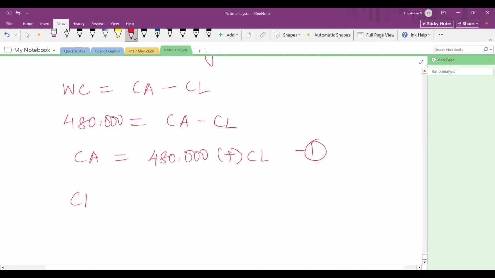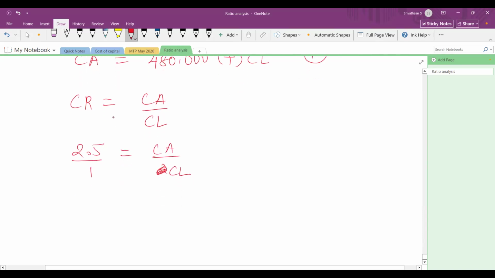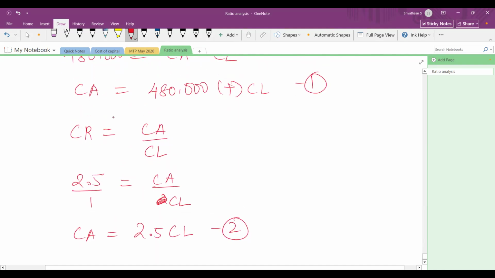And it is also mentioned that current ratio is equal to current asset by current liability. What is current ratio? 2.5:1 is equal to current asset by current liability. So now I can write one more equation. Current asset is equal to 2.5 into current liability. I can write this as equation 2. So now I can equate this and we can get the value of current liability. Is it clear?